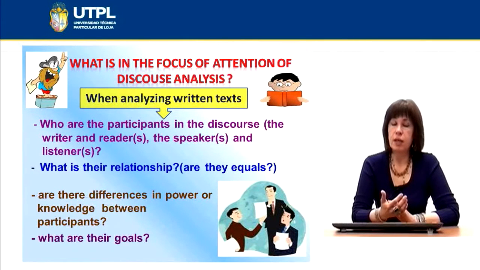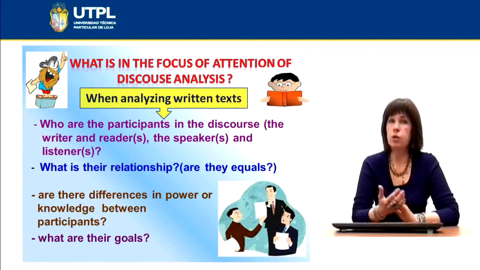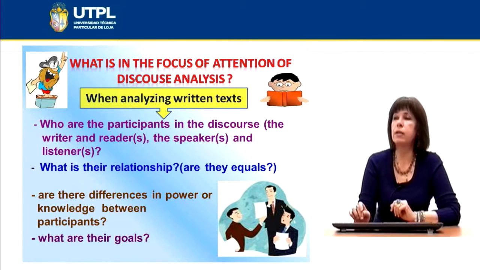linguists analyze these elements, how writers use, what techniques they use to express difference in intonation or difference in meaning, what is the real meaning of words written in a text.